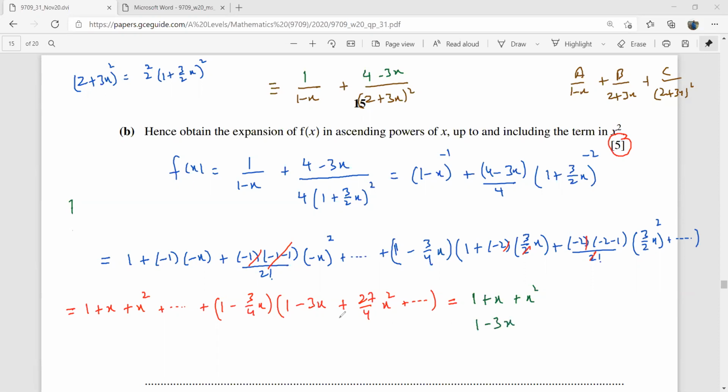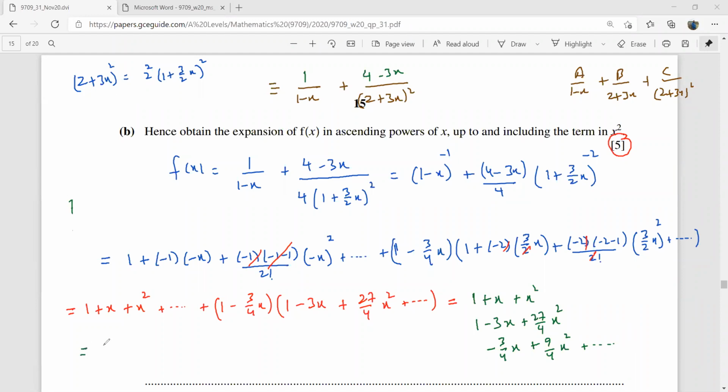I'm writing under this. 1 into this is going to give me 27 over 4x square. Now minus 3 over 4x into 1 is minus 3 over 4x. And then minus 3 over 4x into minus 3x is going to give me 9 over 4x square. And I don't need to multiply any further because we have to keep this up to x square.